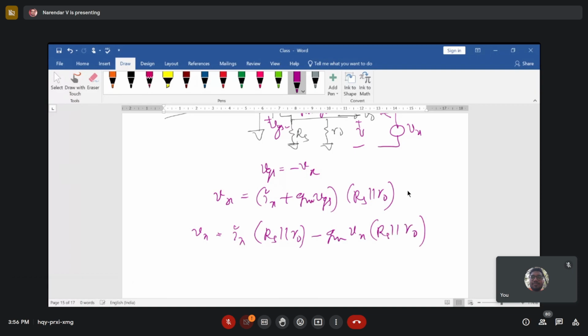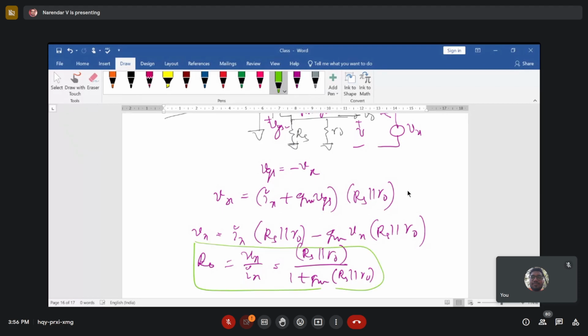Just divide it, and finally you write R out, which is Vx by Ix, is Rs parallel with R naught divided by 1 plus Gm times Rs parallel with R naught. Okay.